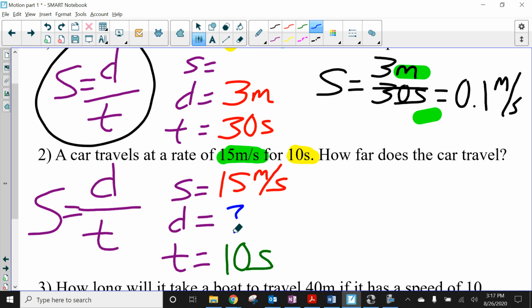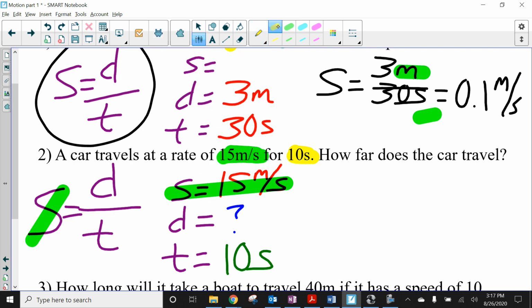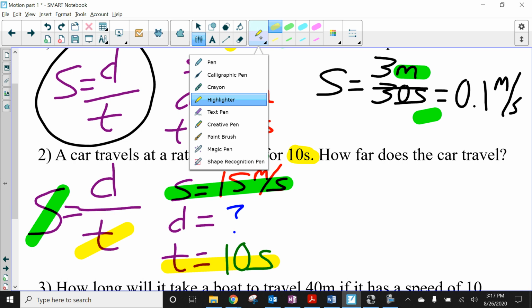So I'm going to plug everything in exactly where it goes. So if this is S, I'm going to plug it right here. And then if this is time, I'm going to put that right there. So my D block is going to be empty.